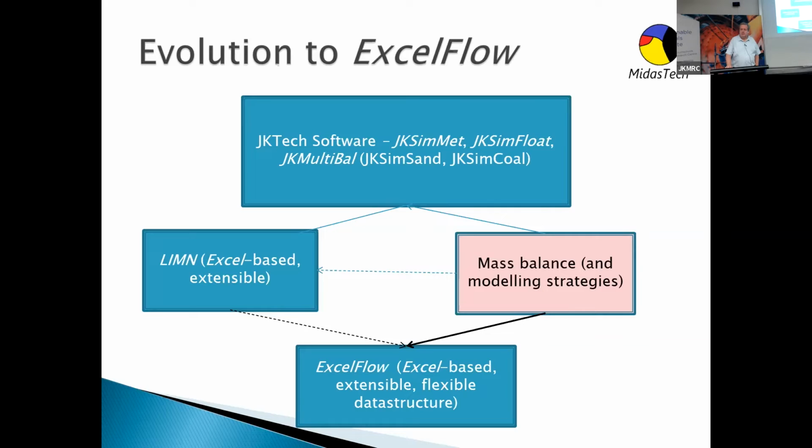Now, Dave Wiseman was the software developer for JK Tech many, many years ago, and he wanted the JK Tech software to be extensible. Now I'll explain what extensible means. Extensible means not rigid in the models that you have to use. If you have a preference for another model, it can be integrated into the system.